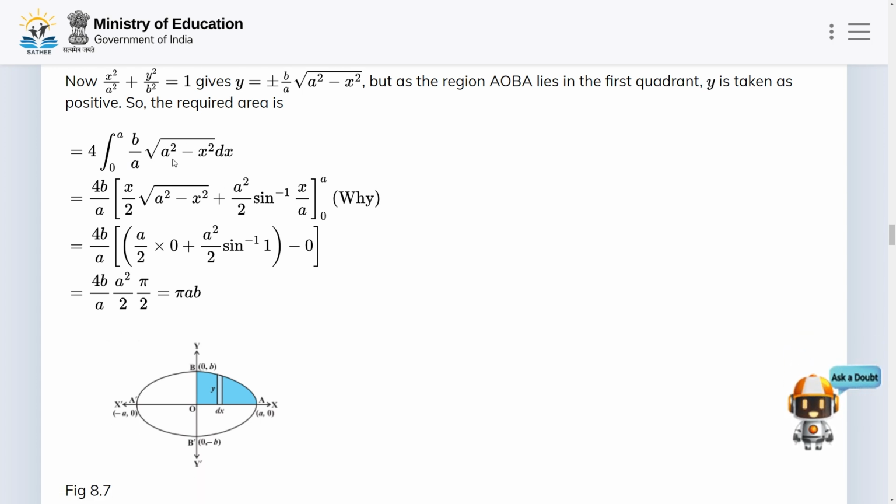Now you know the direct integral for this. So it will be 4b by a times [x by 2 root a square minus x square plus a square by 2 sine inverse x by a], limits going from 0 to a. The reason is that we have already seen the direct integration for root of a square minus x square, also for x square minus a square, also for a square plus x square.